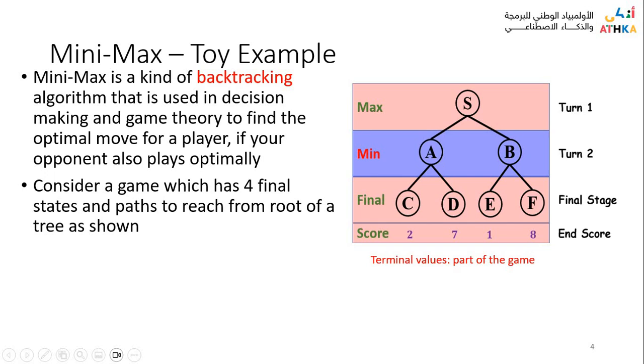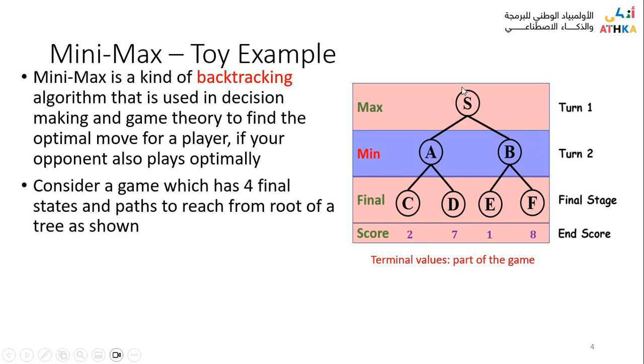Of course, when we start the game, we are planning to go to the maximum utility, which is 8. However, if you are playing with a smart agent, you need to determine which is the best choice so that you could actually get the maximum out of the game.